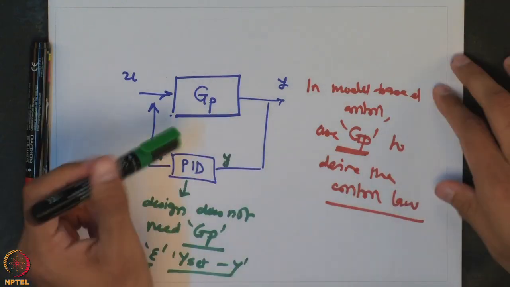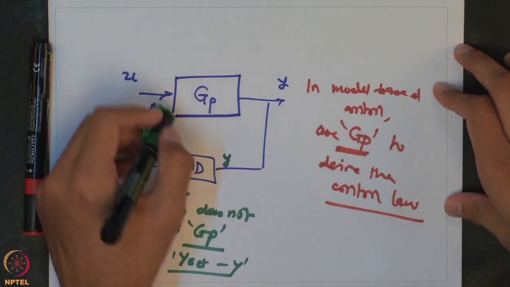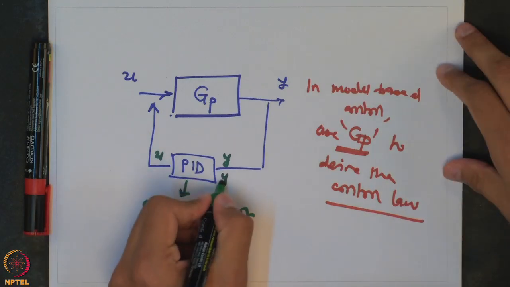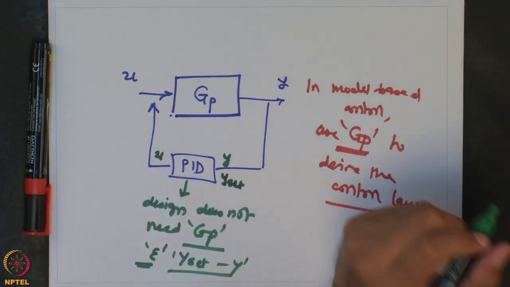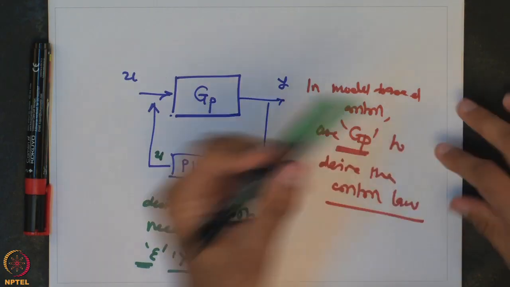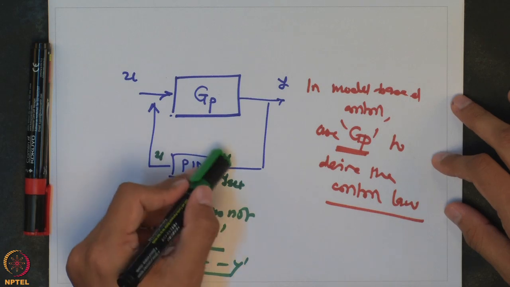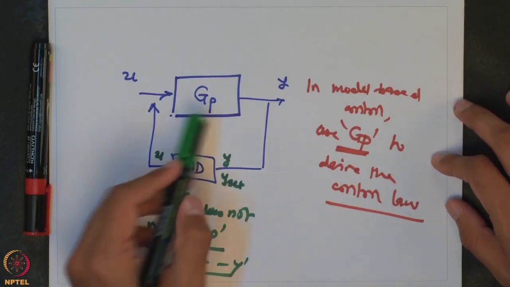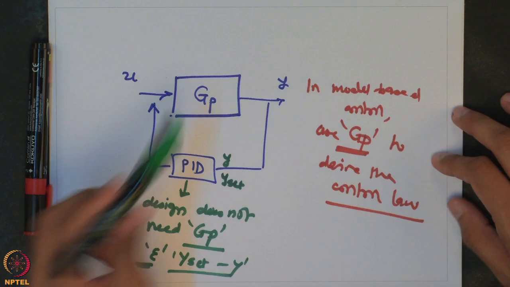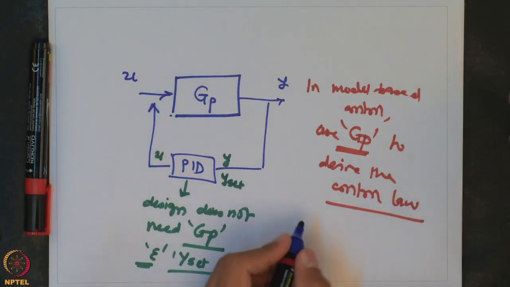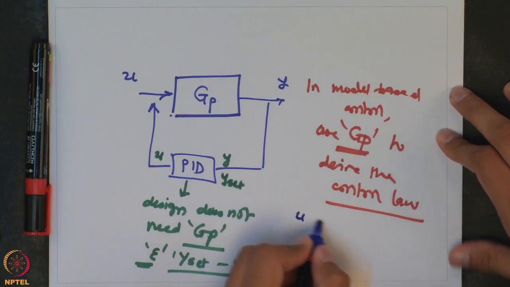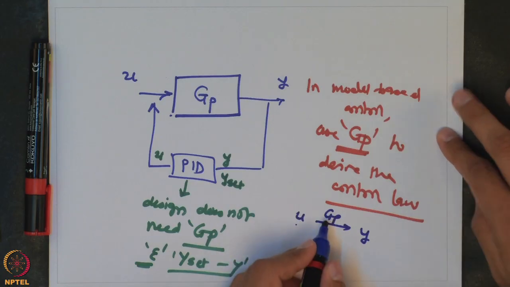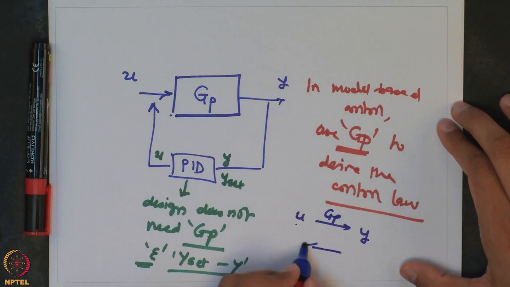In terms of a best control, what I want from a controller is to make sure my Y is equal to the set value. So, what I want is my Y to take a desired value. So, can I do this by simply saying, if I go from U to Y and I use GP, now I want to solve the reverse problem.